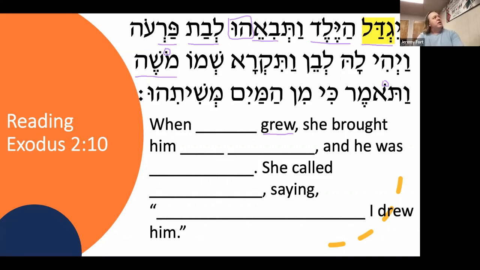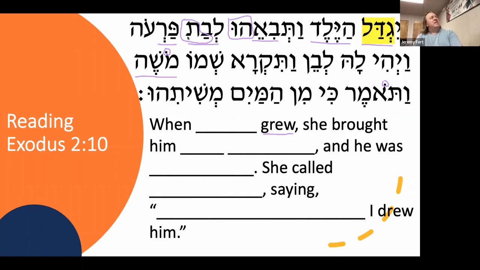Where's the of and the daughter? Right here in the construct form of the ending. But I thought Bat was already daughter. It is. But bat on its own is a kamatz. Oh, okay. So the vowel reduces.